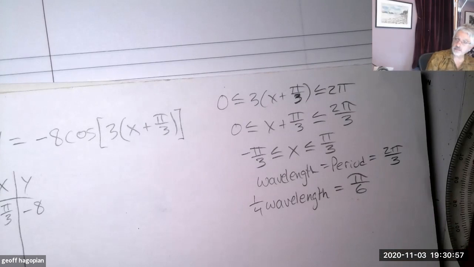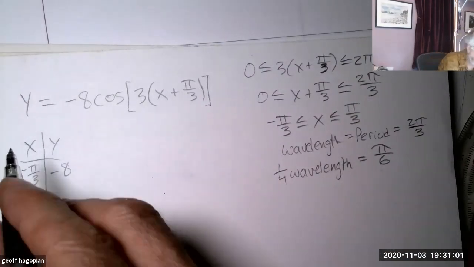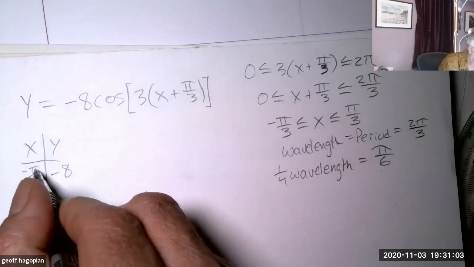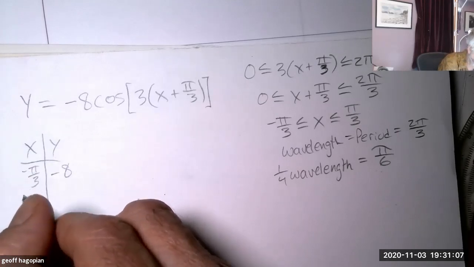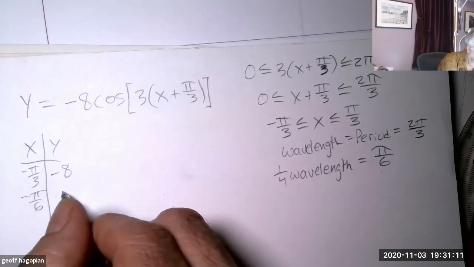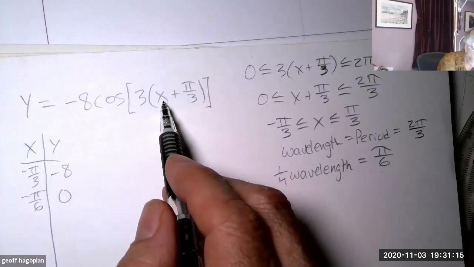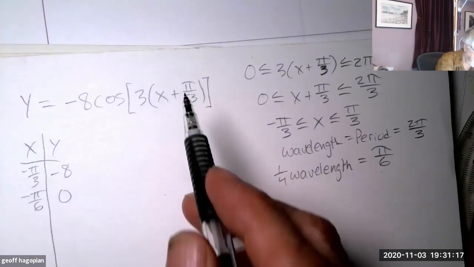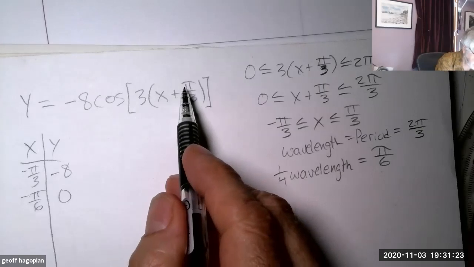All right, so that's what I want my increment to be in the table, so I can pick up the key values, right? So when I add pi over 6 to negative 2 pi over 6, I get negative pi over 6. And then I'm going to be at equilibrium. Does that work? Yeah, negative pi over 6 plus pi over 3 is pi over 6. 3 times pi over 6 is pi over 2.